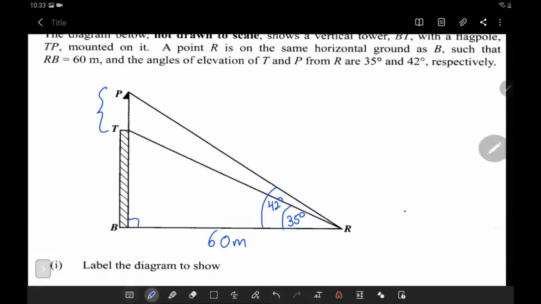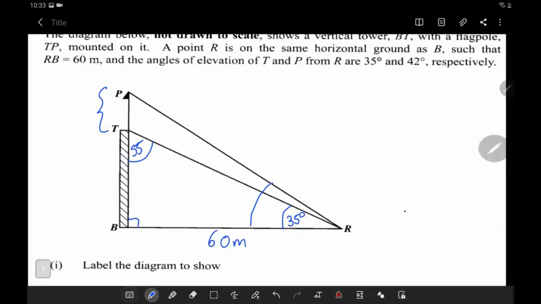So notice that if this is a 35, if we look at the triangle BTR, that means ignoring this one here for now, we would get that this angle here needs to be 55. That is because 55 and 35 is 90, plus that 90 will give us the 180 needed to make the triangle, the 180 degrees, the sum of angles in a triangle.